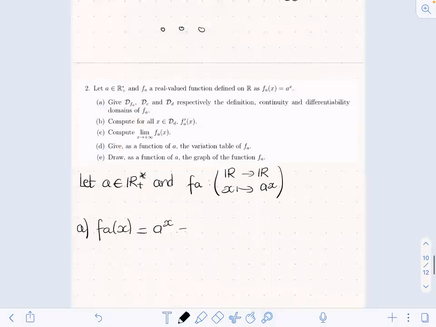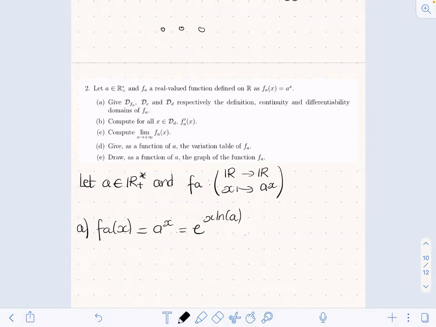Yep, absolutely. So it writes under a perhaps nicer form, exponential of x, logarithm of a, and you can probably see now why we needed a here to be in R plus star. It could be tempting to take a negative number here, but that's not possible with this definition of power functions. So that's a more analyzable expression.